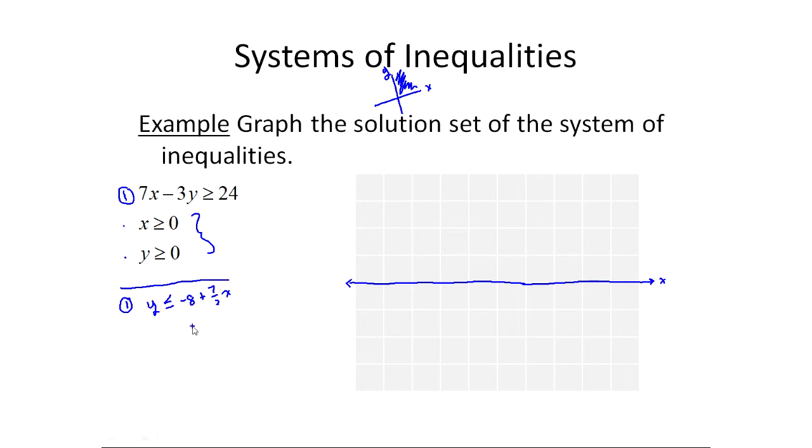Now, my y-axis, I need to be able to get down to negative 8, but let's think about how far left or right I need to draw the other axis. You can see my y-intercept here is negative 8, like I said, but for my x-intercept, I'm going to solve 0 equals negative 8 plus 7/3 x.